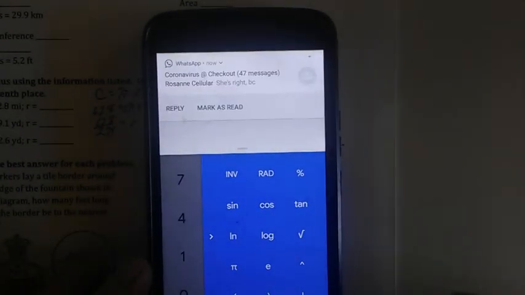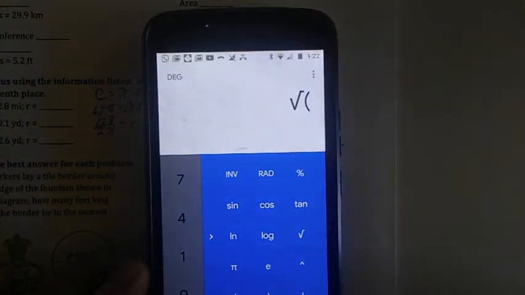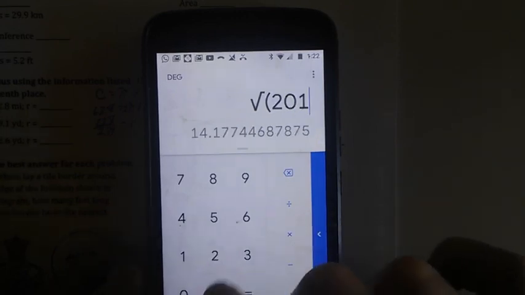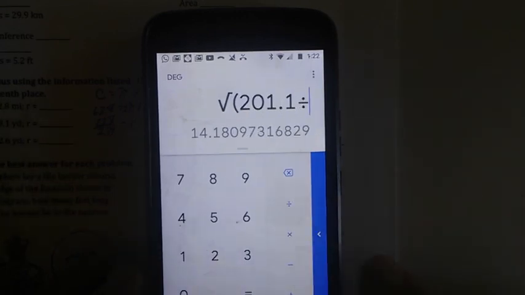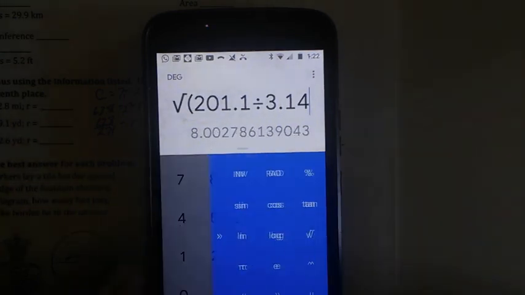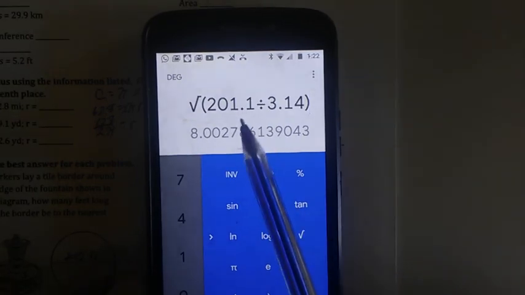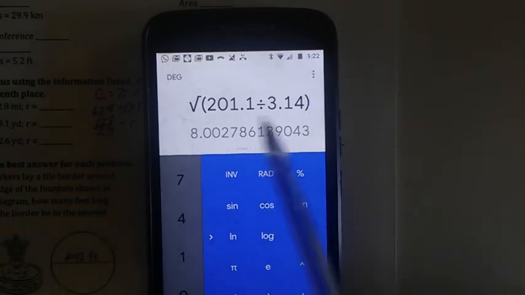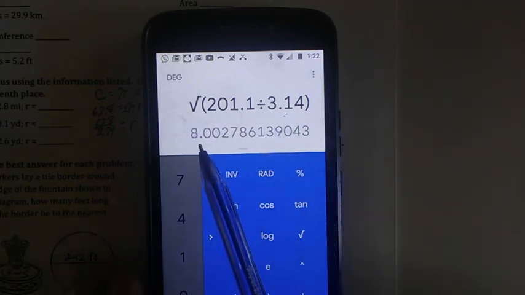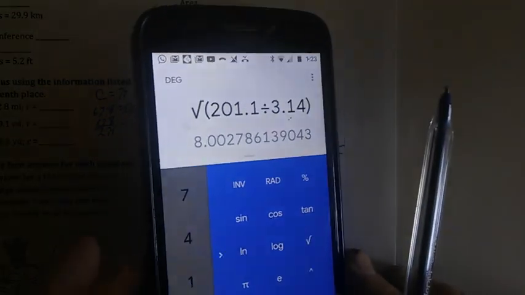Square root, then I'm going to put parentheses, then the numbers: 201.1 divided by pi, 3.14. Then I have to put my end parenthesis. So I'm going to take 201.1, the area, and divide it by pi, and then take the square root of that. And what does it come out to be? 8.0, almost exactly 8. So this one would be 8.